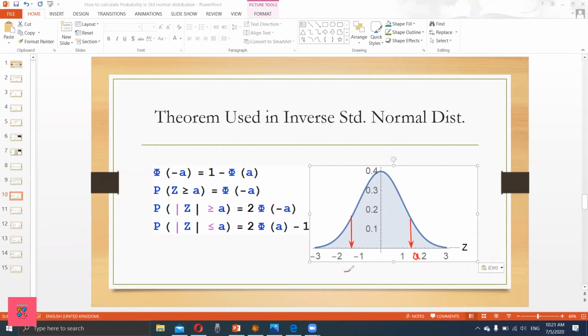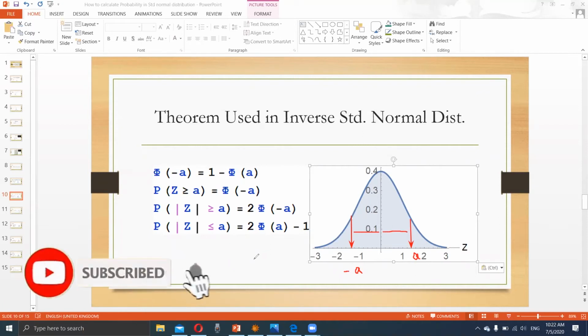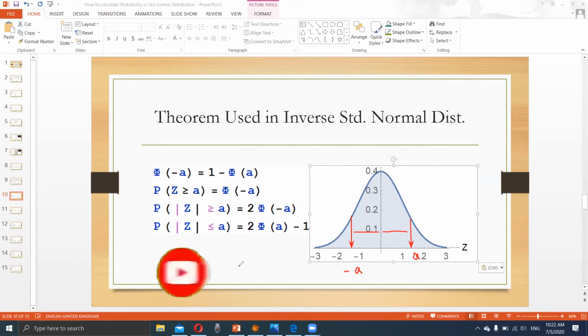I'm writing below so that you can easily read it. Both points are equidistant from the center. The distance between these two lines is the same, so the shaded areas on both edges are also the same.